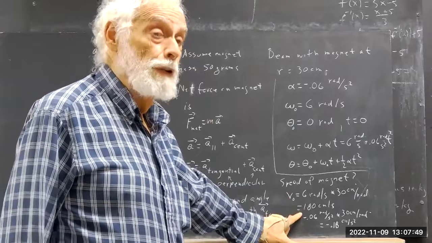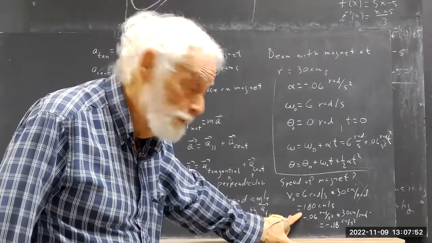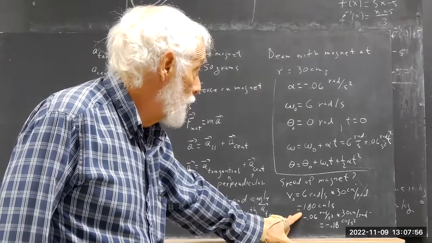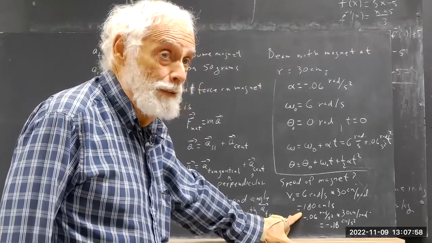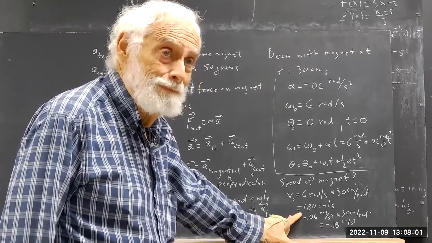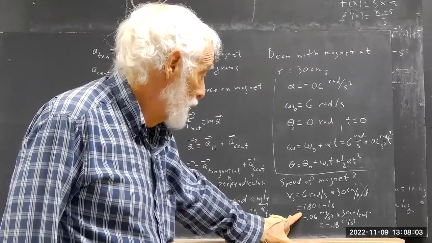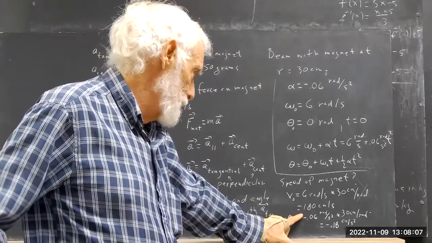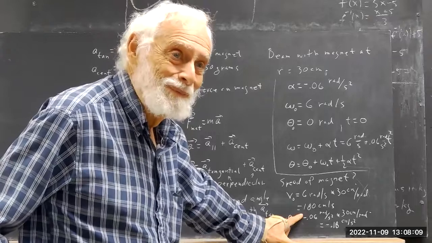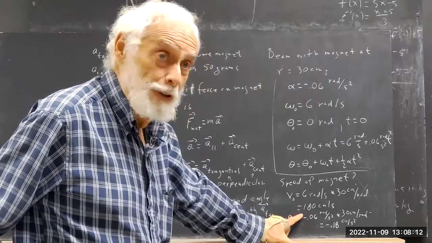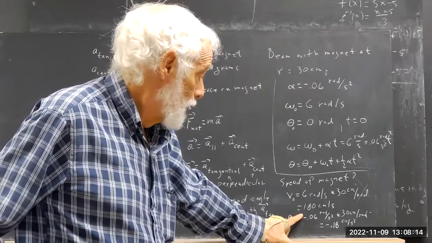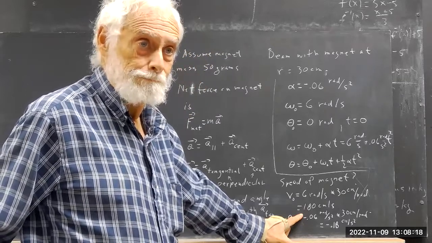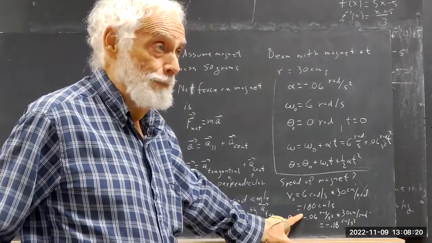You square that, you get 32,400 centimeters squared per second squared, or 3.24 meters squared per second squared if you want to go to SI units.